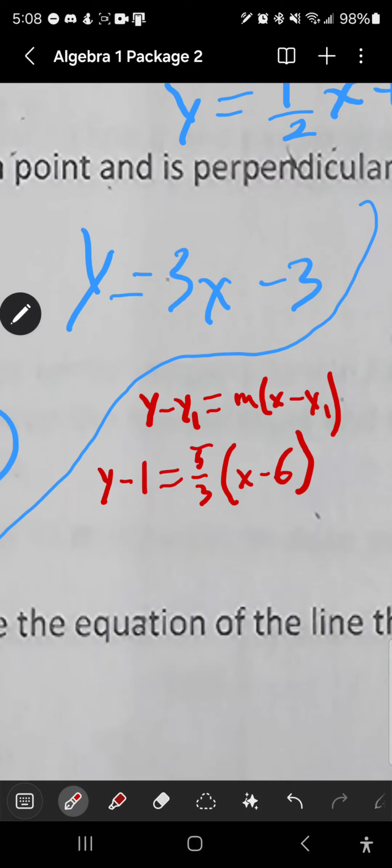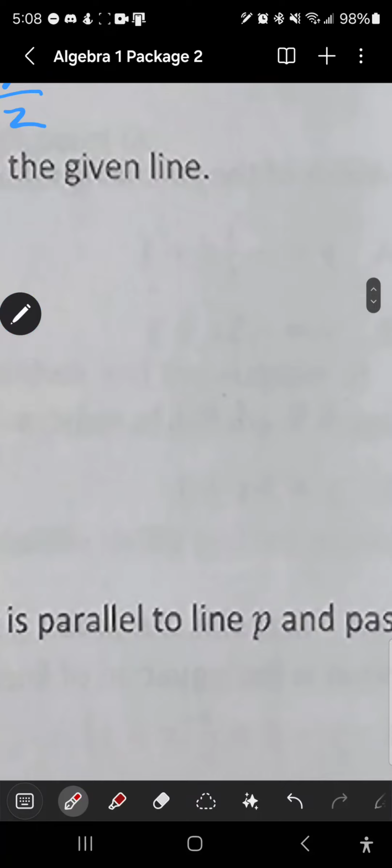Now if they are asking you to solve it, you just continue working with it. We multiply 5 over 3 by each term, so we get y minus 1 equals 5 over 3 x, and now 5 over 3 times 6 is the same as 5 over 3 times 6 over 1.